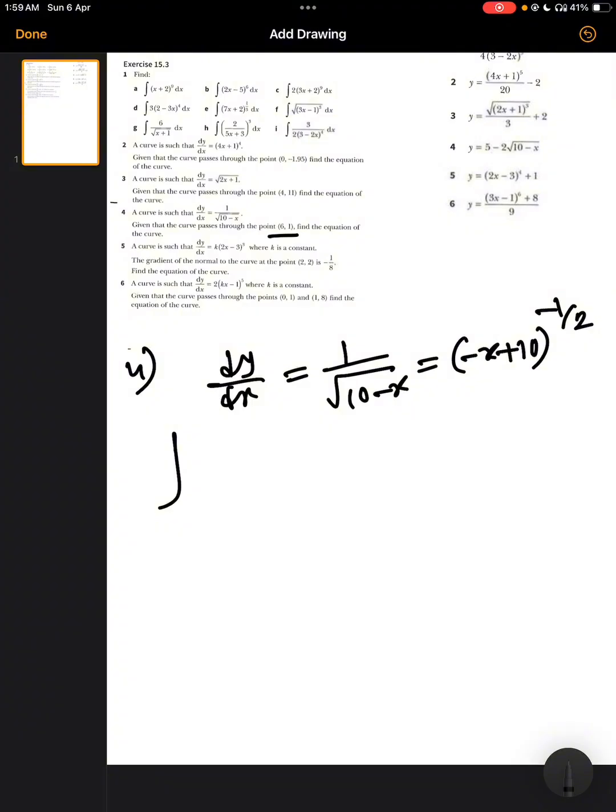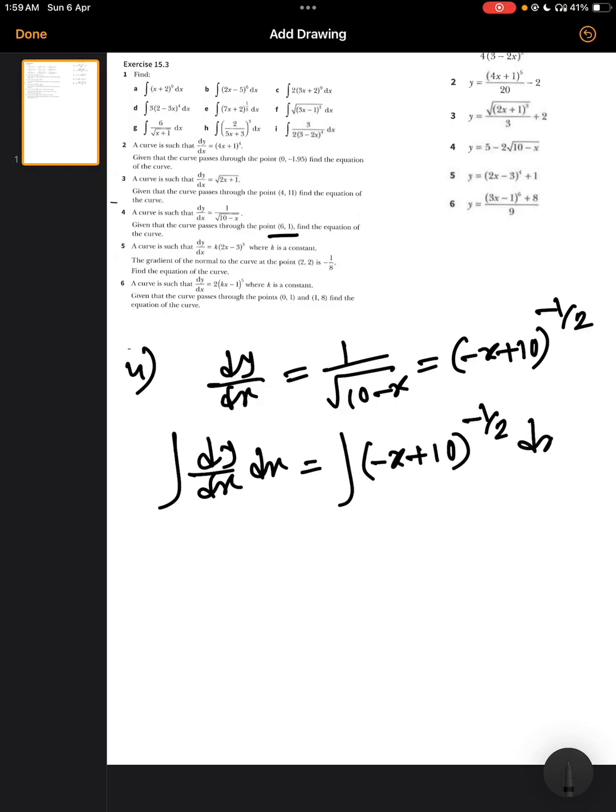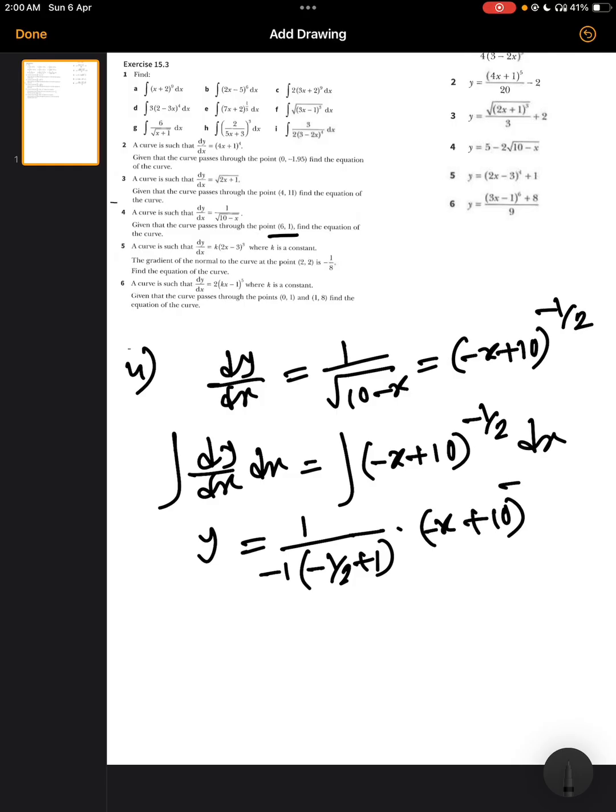Okay, so I'm taking integration on both sides. Minus x plus 10 to the power minus half dx here. So here is y. Here is 1 over a, which is negative 1. A is negative half plus 1, times minus x plus 10 to the power negative half plus 1, plus c.